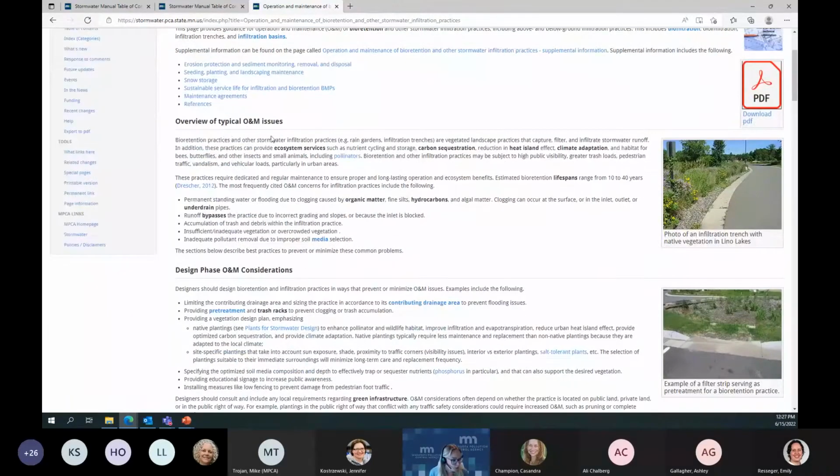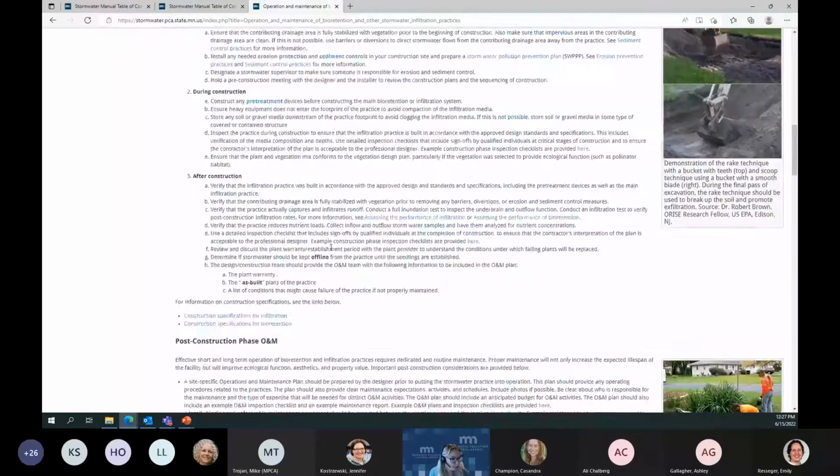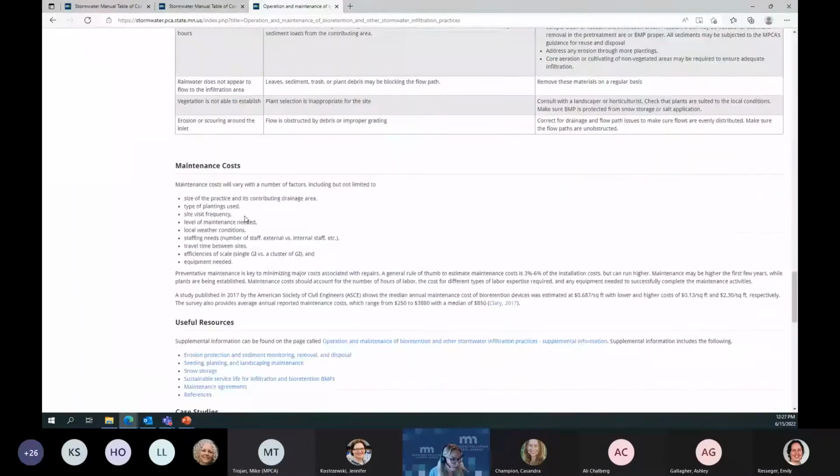So just a general overview, and then we get into the design phase O&M, the construction phase, the post-construction phase, and then some typical maintenance costs to consider moving forward.